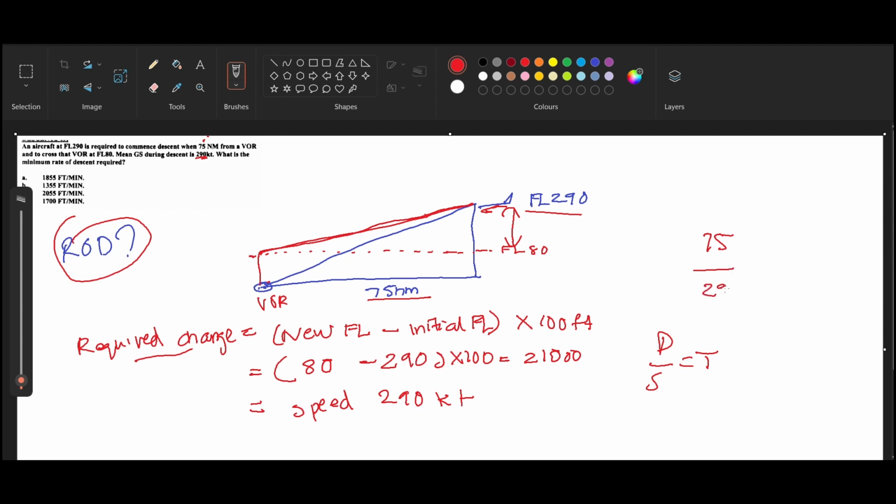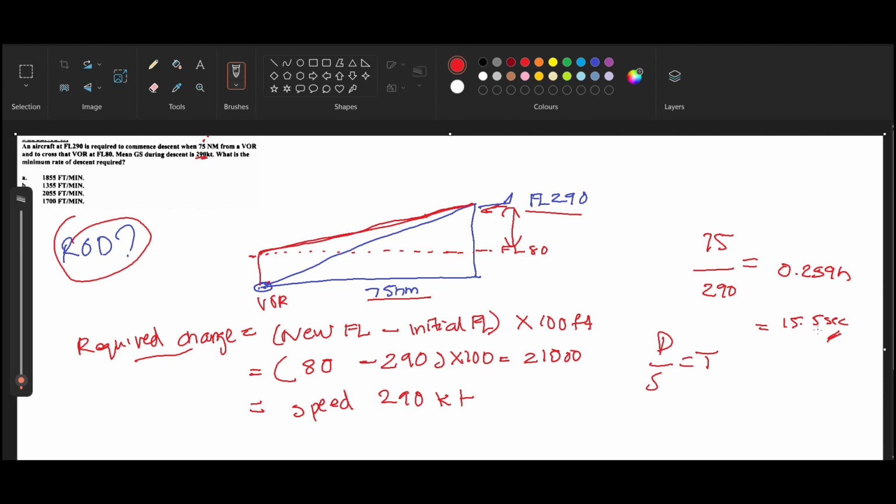The speed is 290 knots, which will be, using the calculator, around 0.259 hours. You can convert it into minutes and seconds, so it will be 15 minutes and 5 seconds.